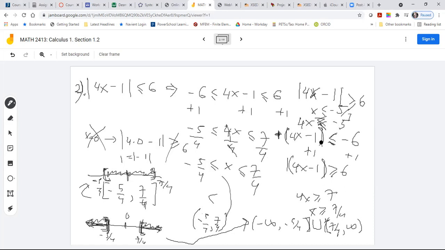In order to get rid of the negative one, you have to add 1 to both sides, right? So it is like this. It will go up here, and then up here.